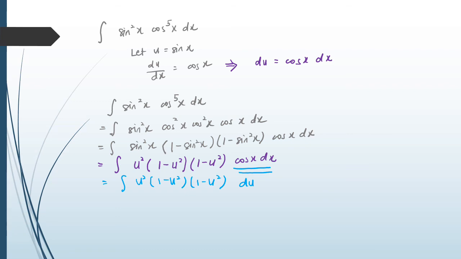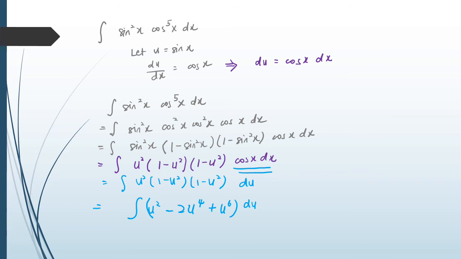Simplifying your integral, you are expected to write integral of u square minus 2u to the power of 4 plus u to the power of 6, and you got to simply integrate this u expression with respect to u.